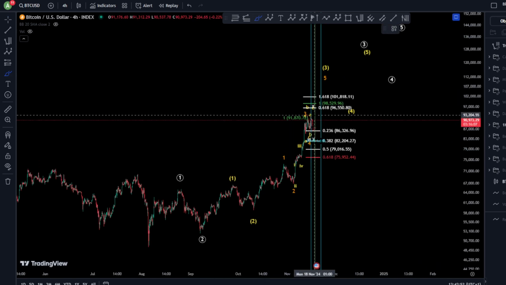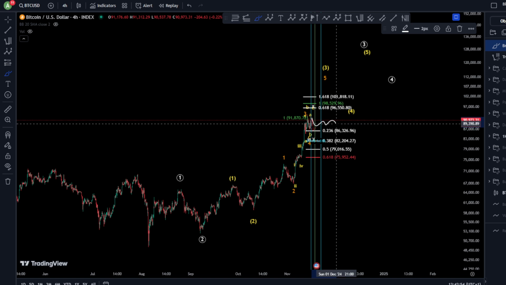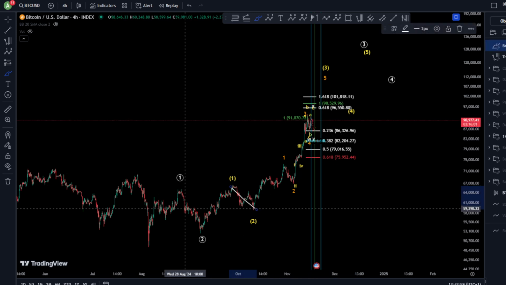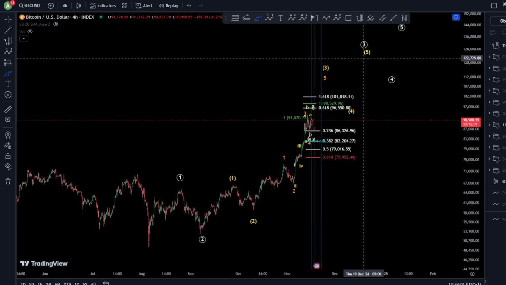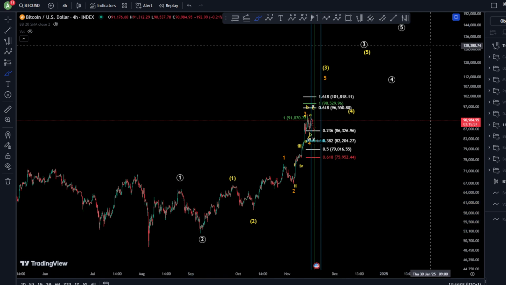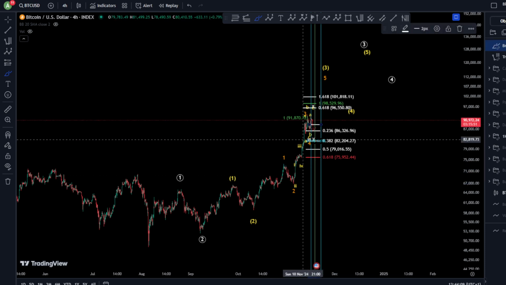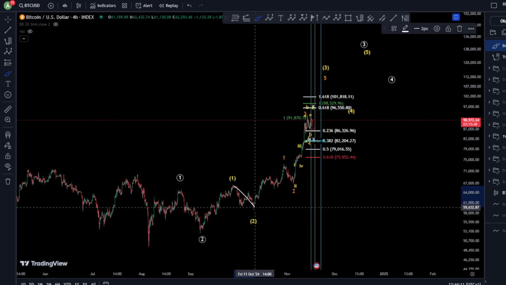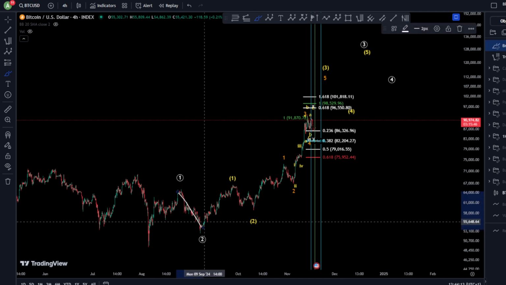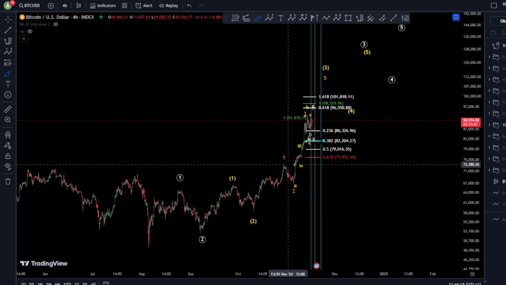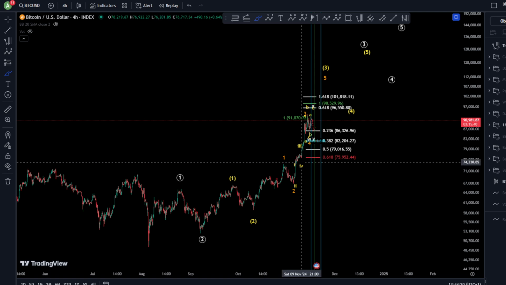Yeah, we have a long range, and it's going to be an even longer range for the 4-5 at the top, because now we are ranging just for this small wave 2, and it took a long time. So these are even longer. We are going to have a very long wave towards the upside, guys.